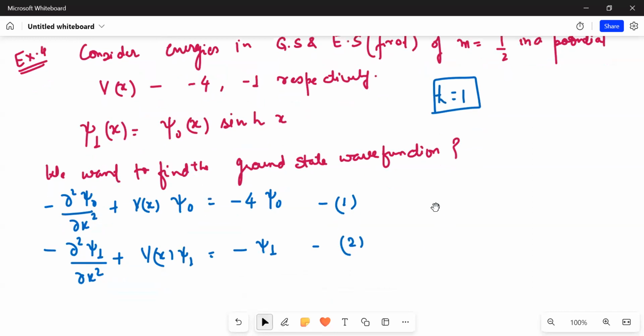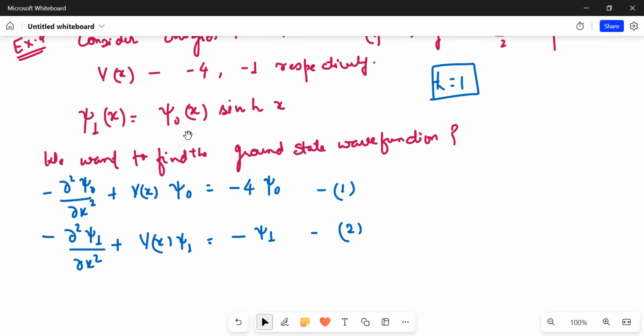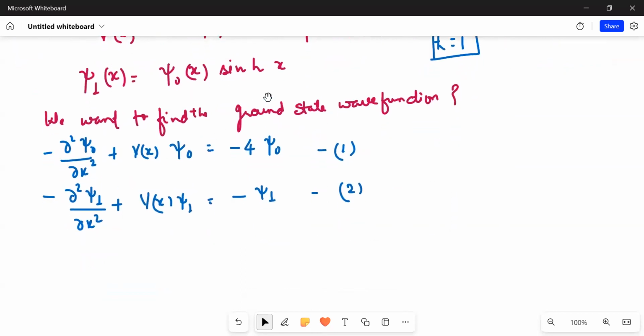Now, I know that the ground state wave function and the excited state wave function are related by this expression, so I can use this in the second equation. Let me just write it here for you. If you do not know what sine hyperbolic x is, it is e to the power x minus e to the power minus x, divided by 2.